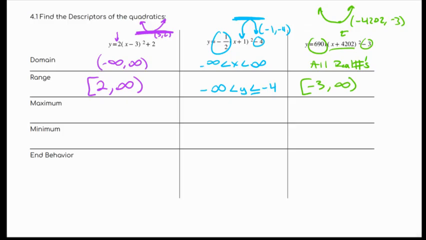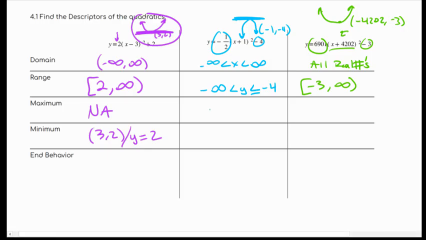And then for our maximum, for the first one, we don't have a maximum because it goes up forever, it points up. But our minimum is just our vertex. So (3, 2), or at y equals 2. Either answer is fine with me. I usually do the coordinate. It gives us more information, but I'll take either of those.